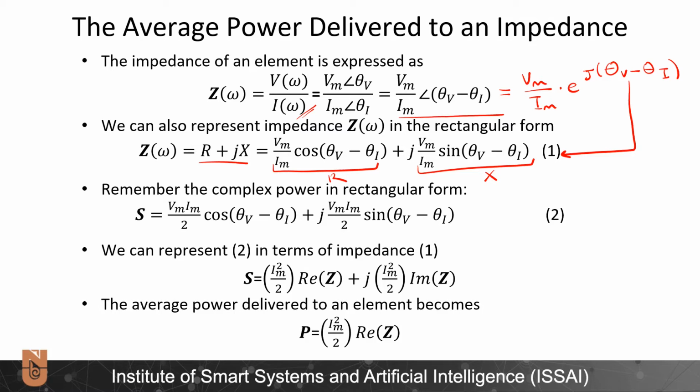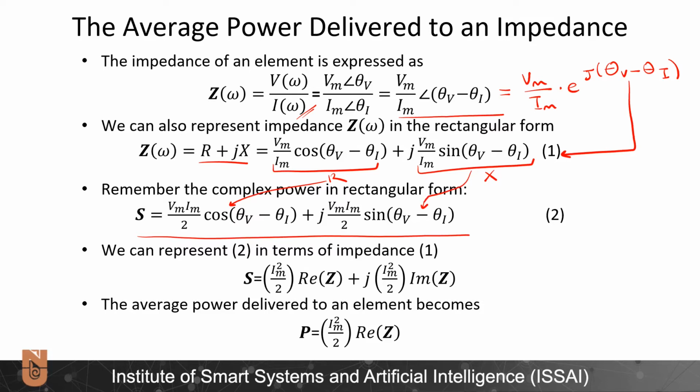Now let us remember, in the previous slide we found the complex power in the rectangular form as this. When we look at this expression, R is hidden here, and X is hidden here as well.